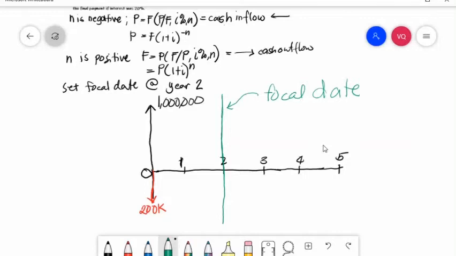Now we will locate our direction of cash flow, cash outflow and cash inflow. So, since this is our focal date, cash outflow is from left to right. So, ano ba yung mga pera na papunta sa focal date?